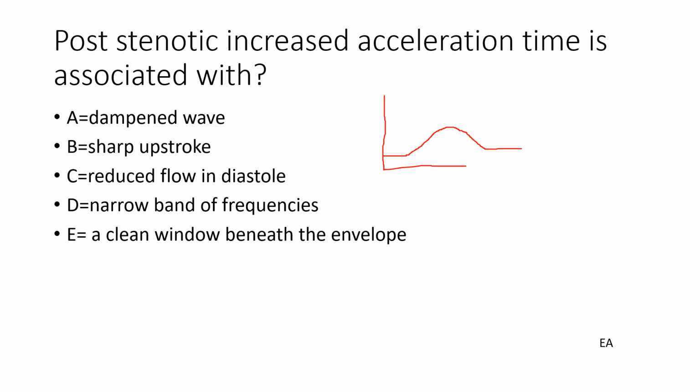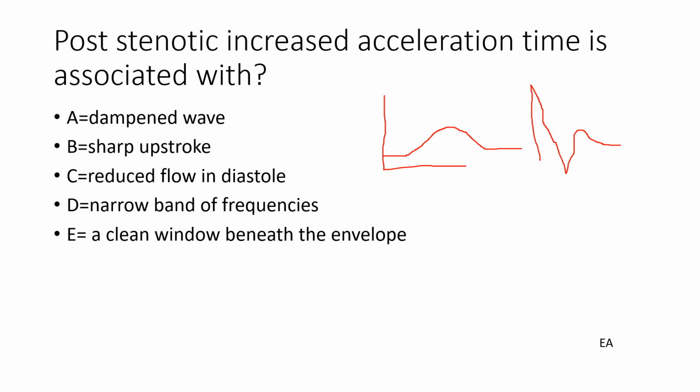So it is with a dampened wave or low velocity, because for example the normal for this is like this, higher velocity and shorter acceleration time, and then for the extremities triphasic.